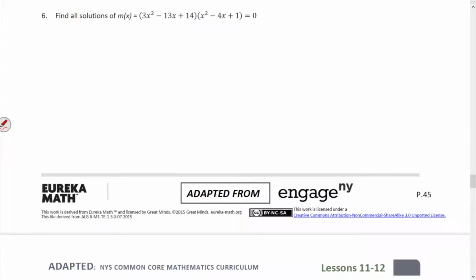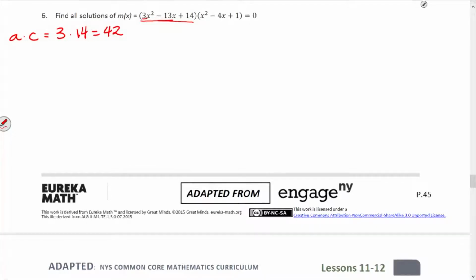I'm going to try to factor a little bit more and see where that gets me. I'll start with this piece and factor it using the more complicated ABC method because my leading coefficient is not equal to 1. So a times c is 3 times 14, which is 42. I need factors of 42 that add together to be negative 13.